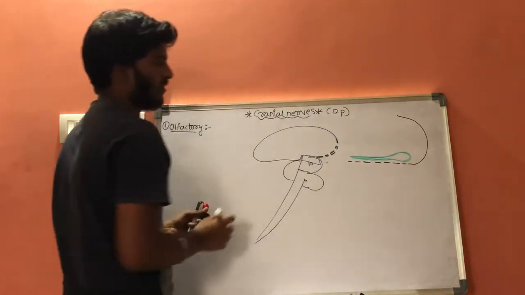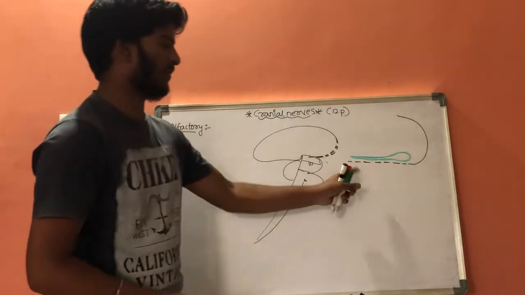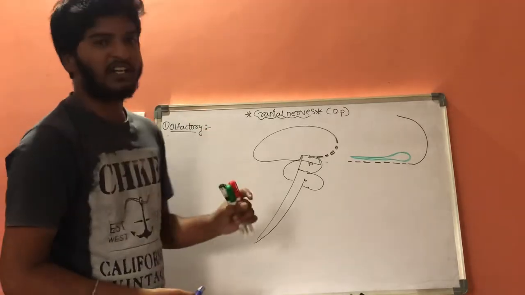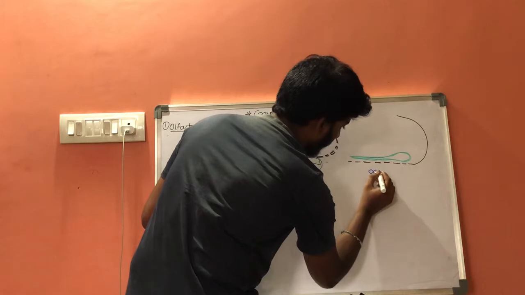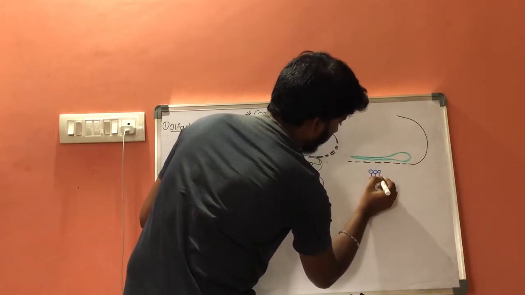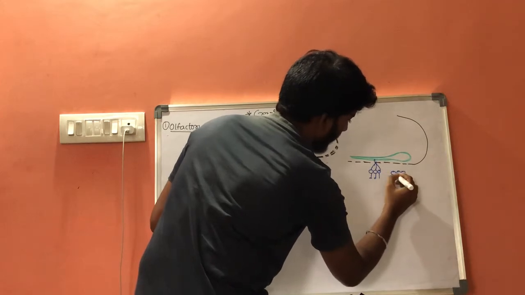This is the olfactory nerve. Now, this olfactory nerve on the cribriform plate is associated with bipolar cells.